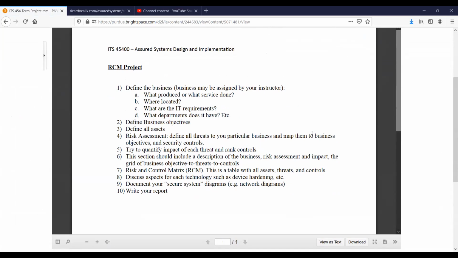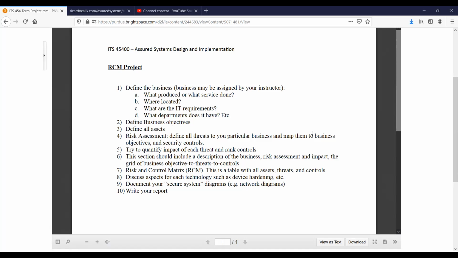What are the IT requirements? What departments does it have? Then define the business objectives, define all assets, and do the risk assessment: define all threats to a particular business, and map them to business objectives and security controls. Basically what I just discussed, by impact of each threat, and rank controls.